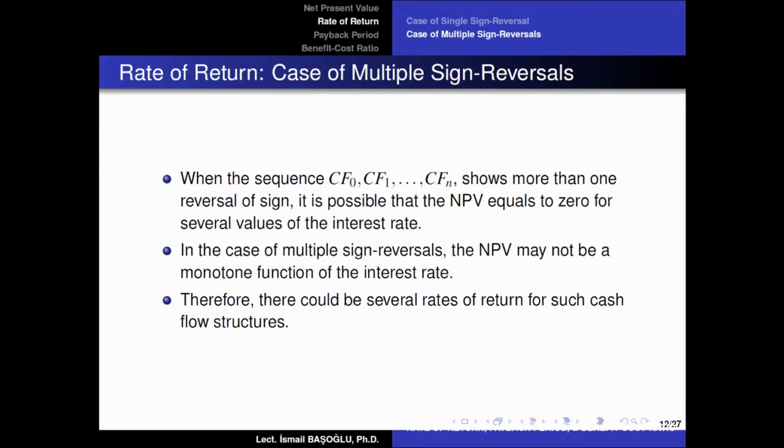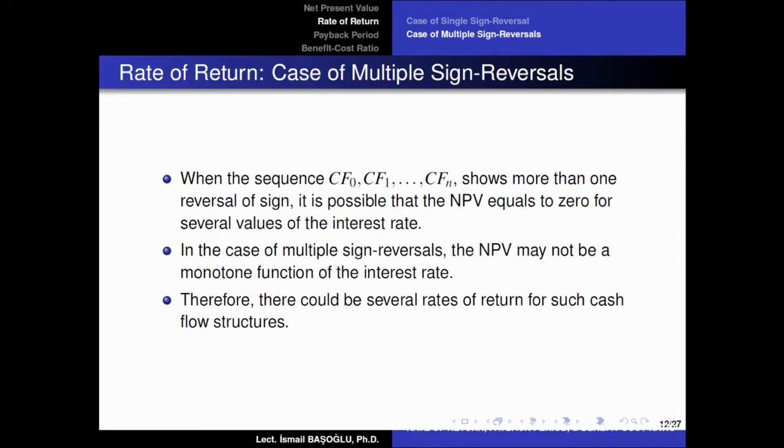But if we have multiple sign reversals, for example, with cash flows from time 0 to time n, then the net present value may be equal to 0 for several values of the interest rate.